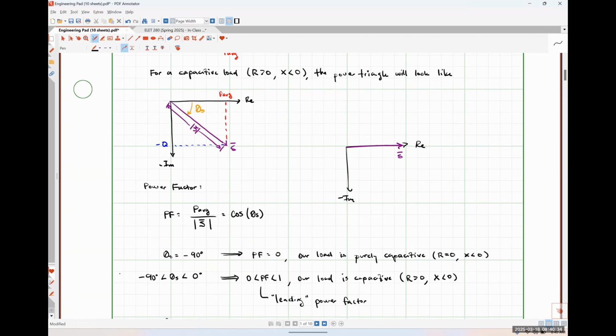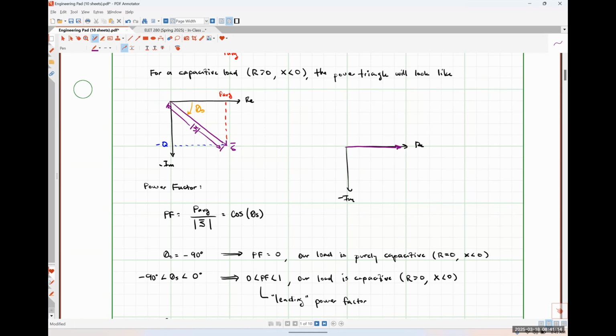So when theta s was negative 90 degrees, we had a situation like this. So it was down here, right? We said that there was no real power or no average power, and we only had pure capacitance. Now we have the other side of that thing to where our load is purely real.